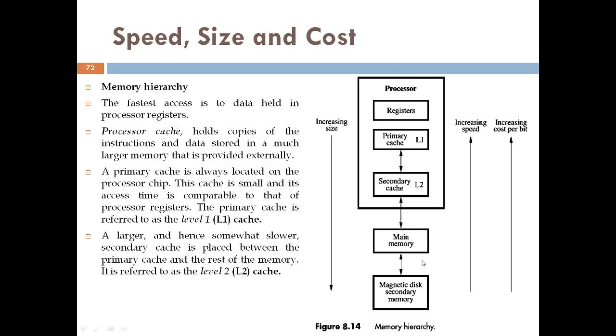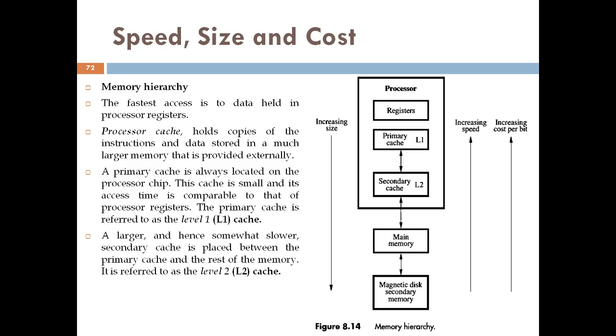This is the memory hierarchy diagram which is given in your textbook. Here in the first level, we can see the CPU registers, level 1, which is one of the very important parts of the memory hierarchy.